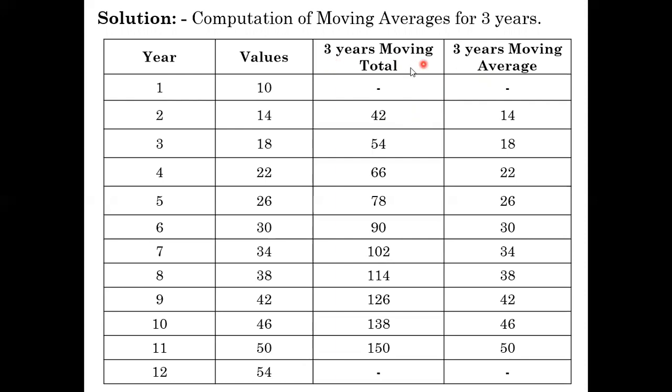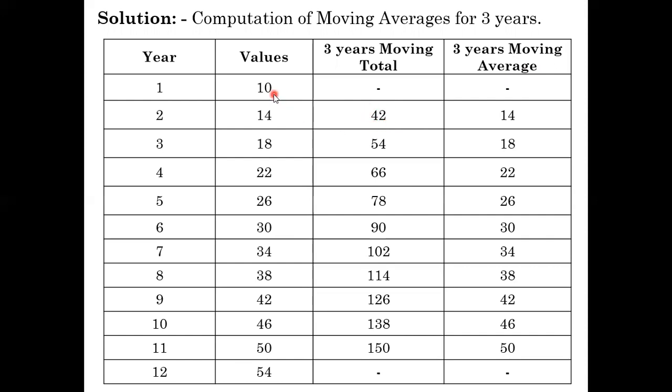Here, for the 3 years moving total, we take 10, 14 and 18, which together come to 42. 42 is the value for 3 years. 42 divided by 3, you will get 14. If it is a 3 years moving average, we have to divide the value by 3.